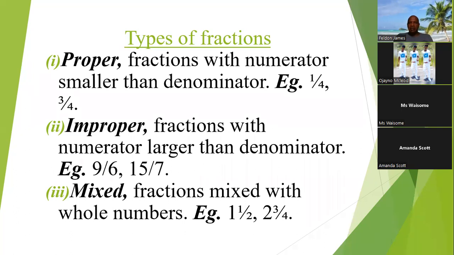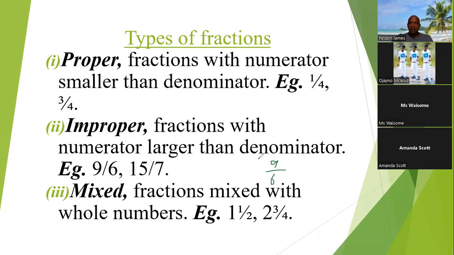Because the numerator is telling you the number of slices that you have out of the whole. For instance, here we have 9/6 as an improper fraction. So 9/6 tells you that one whole pizza will be cut up into 6 parts.